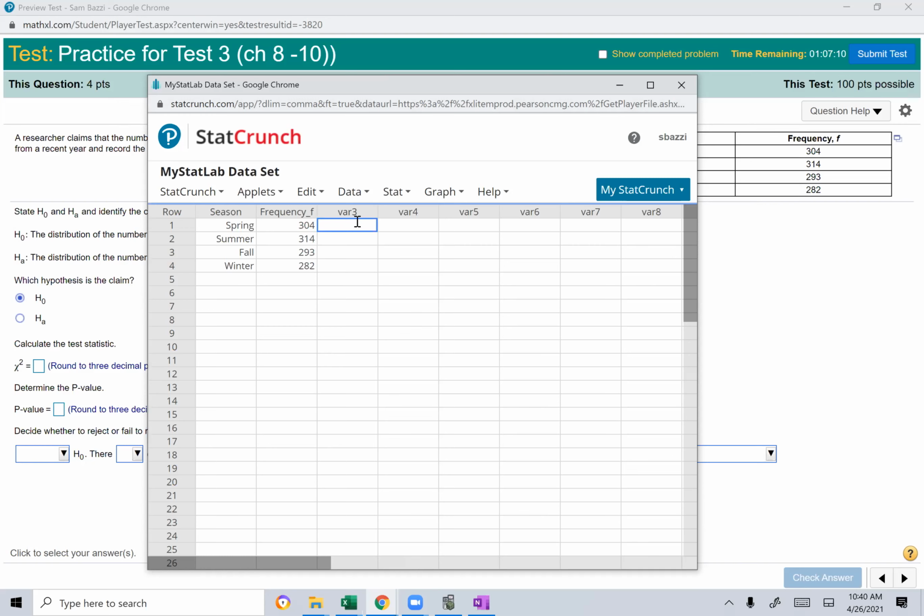And I got 298.25. Each one is 25%, so 298.25 for each category. And go to Stat, goodness of fit, chi-square.